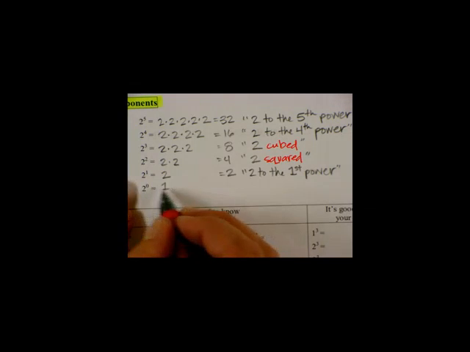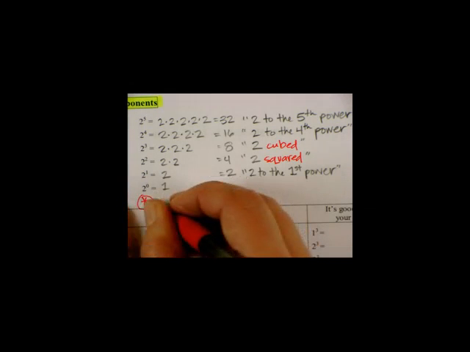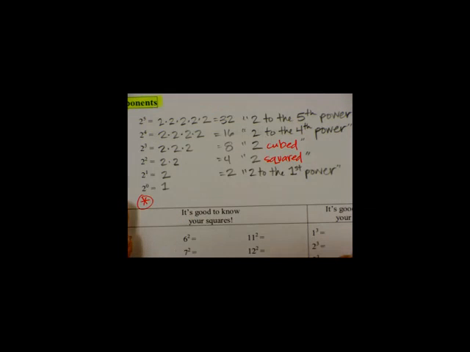I'd like you to make a note here under 2 to the 0 power, and we're going to talk more about why this is, but for now, let's just make a note. Anything raised to the 0 power equals 1.